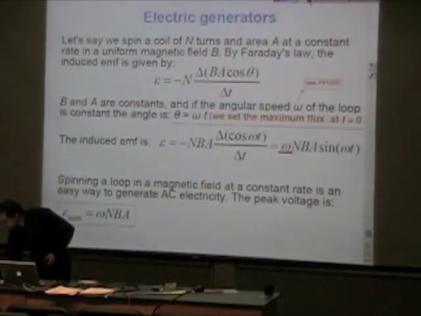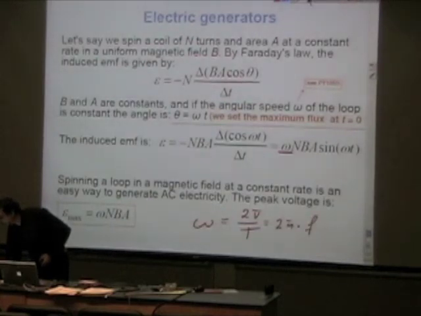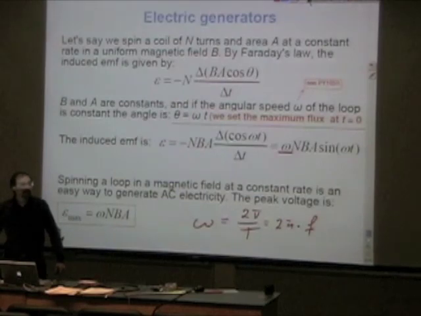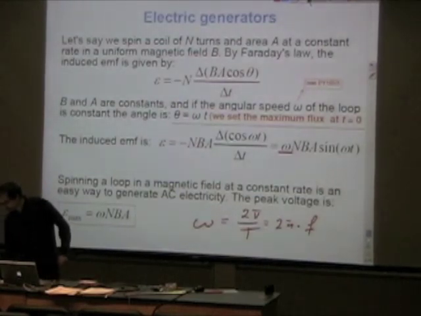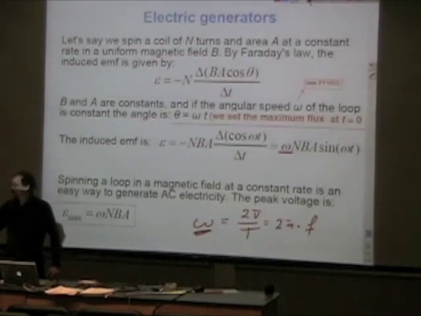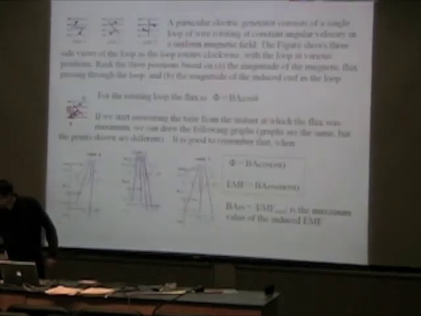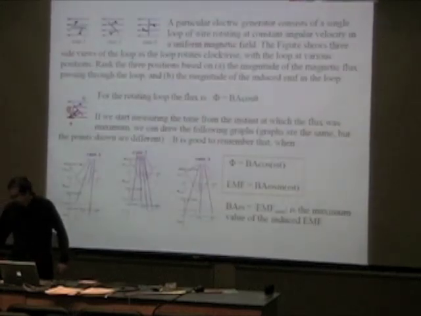In that case, the angular velocity equals 2 pi divided by the period, or 2 pi times a regular frequency. So in our regular standard power outlet, frequency is 60 Hz. So for our standard power outlet, the angular frequency would be 2 times pi times 60.